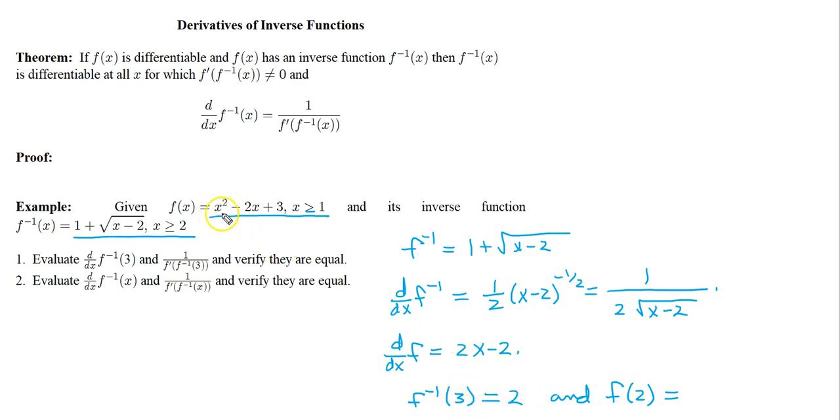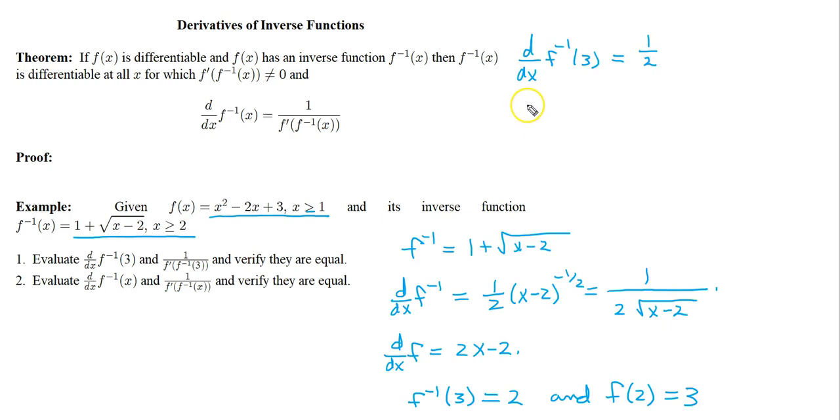And if I put 2 up in here for x and for f, notice I get 4 minus 4 plus 3. Yes, I do get back 3. Okay, now with all of this noted, let's verify part 1 here. So notice then that the derivative, so if I plug 3 in here for x, I get 1 over 2 times the square root of 1. That's going to be 1/2.